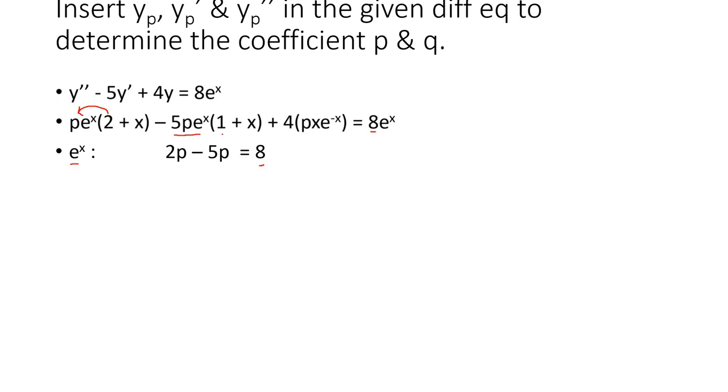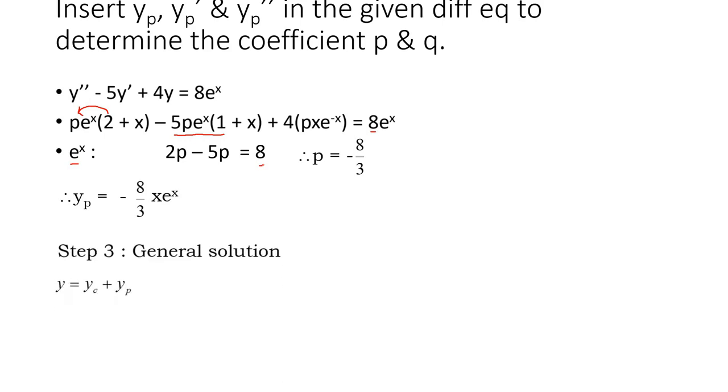Another one is negative 5p exponent x, and this one is 4px, not an exponent x term. So the exponent x terms on the left side give 2p minus 5p equal to 8. Then you can solve for p, which is negative 8 over 3. So your yp is negative 8 over 3 x exponent x.